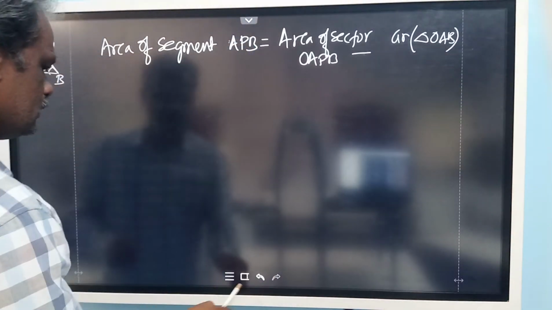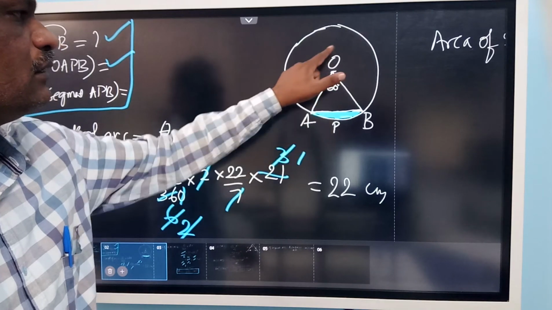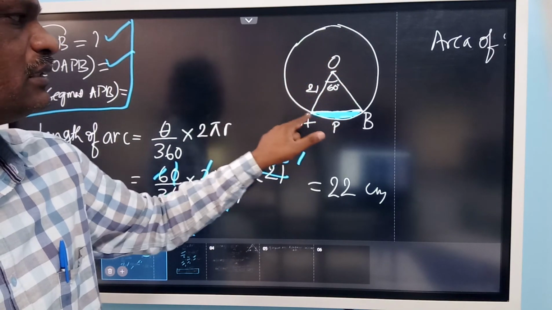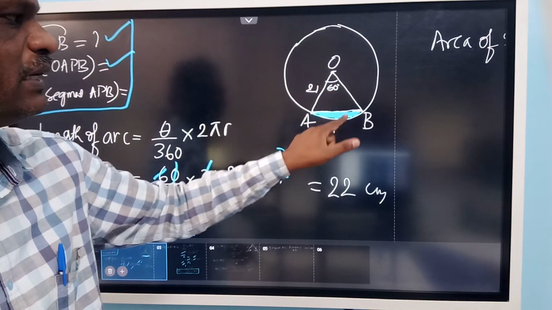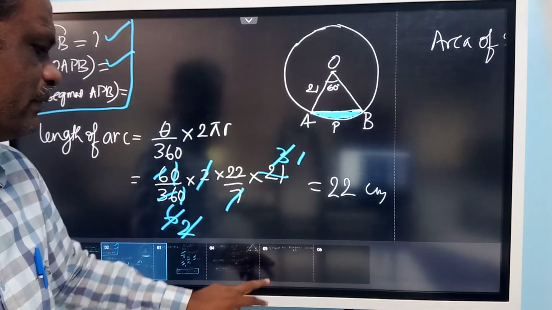So you have to subtract the area of triangle OAB from the area of sector OAPB. Sector area minus triangle area gives you the segment area.